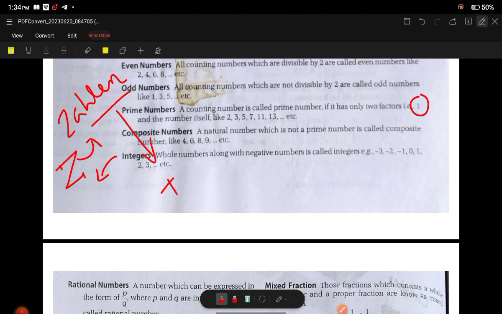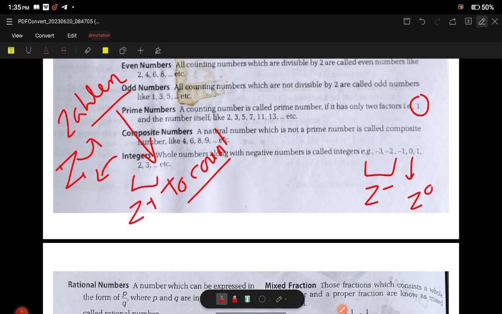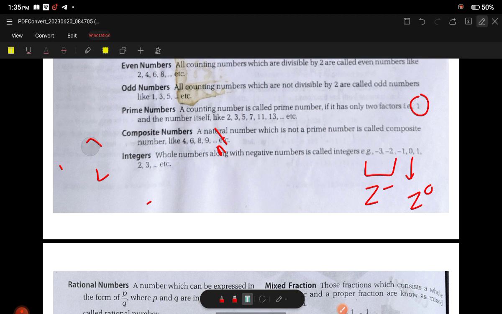So Z represents all the integers. All the negative integers are denoted by Z minus, zero is denoted by Z0, and all the positive integers are denoted by Z plus. So this is all about integers: positive, negative, and zero.